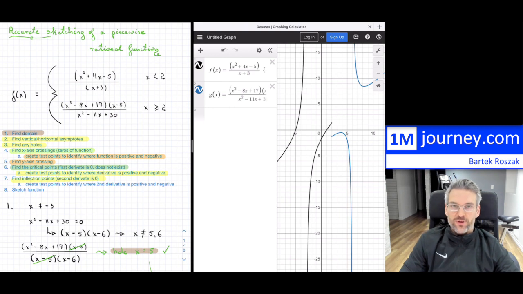Now, the reality is a teacher can't be expecting you to do this in 10 minutes. You can sketch it, but not accurately. You can get a good gist of what's happening. But if you're going to be taking derivatives, you're going to be making it more accurate and finding the exact points, and that would take you a long time.